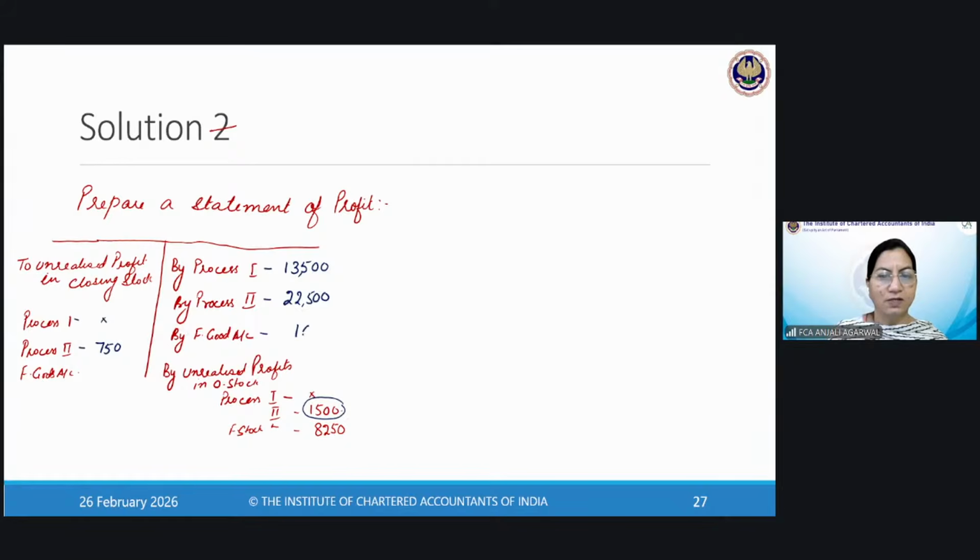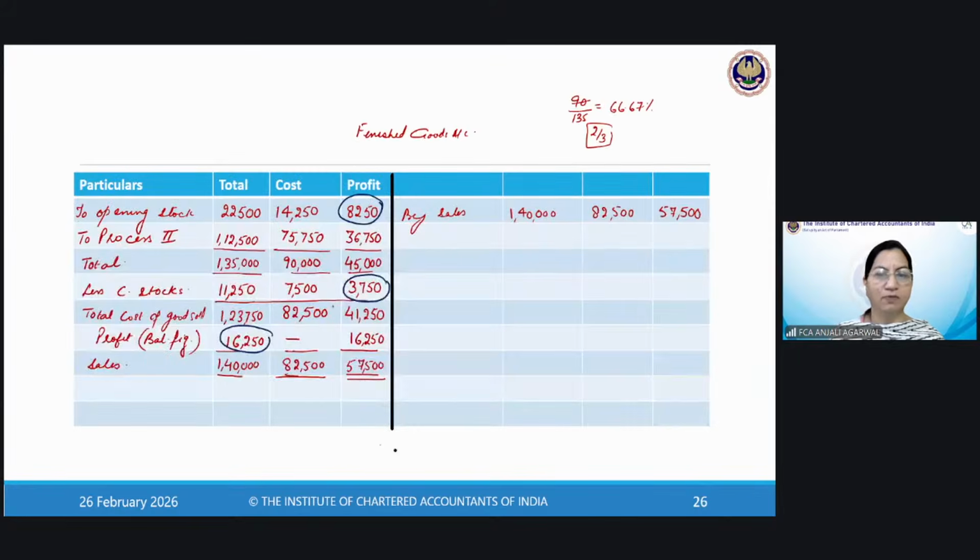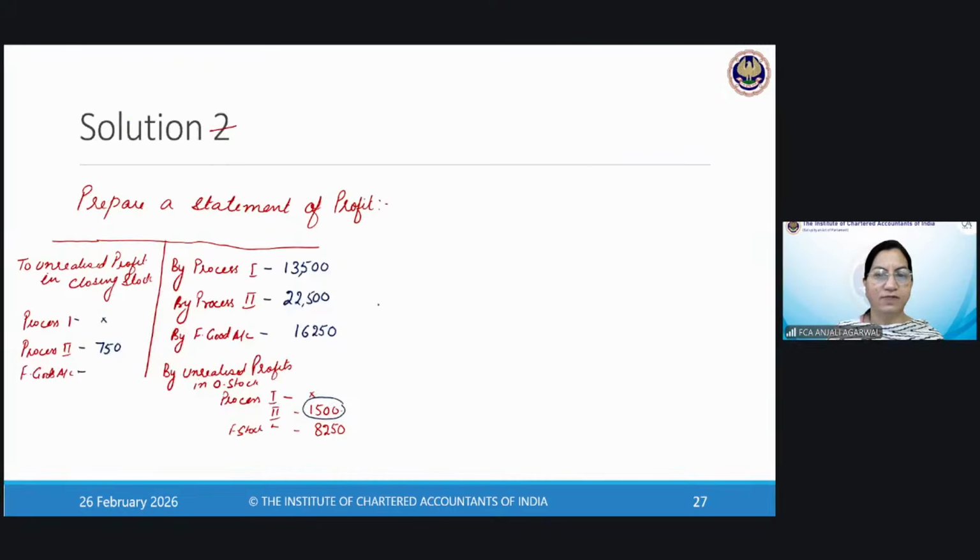So 16,250 is generated. Opening stock realized 8,250, but finished goods stock account blocked 3,750.